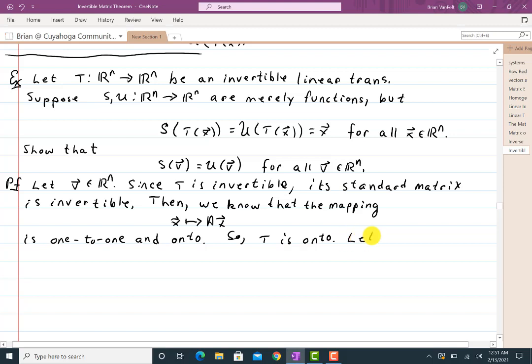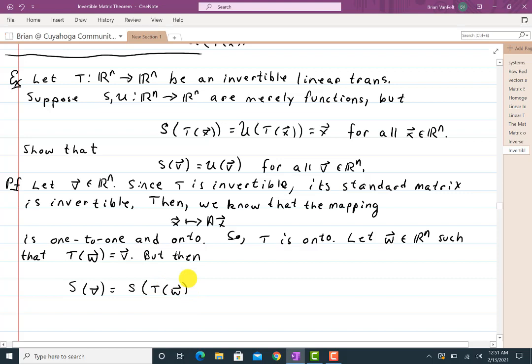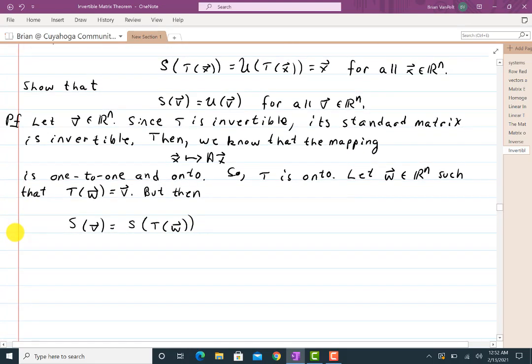Let w be in Rn such that T of w equals the given v. Since T is onto, I can find such a vector w for which that happens. But then S of v equals S of T of w, because T of w equals v.